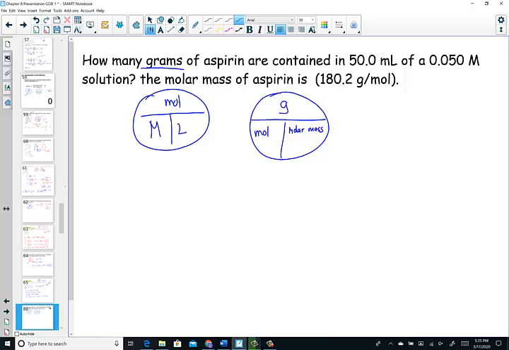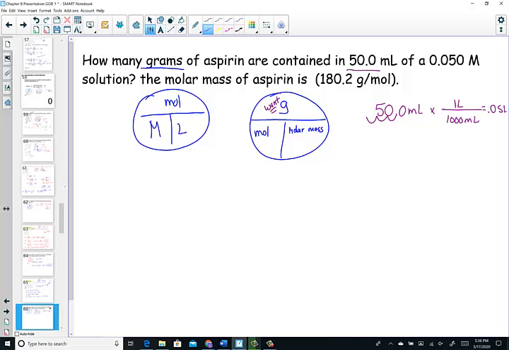So let's figure out what we know. Well, this is what our ultimate variable is. This is our target, right? We want to know grams, so that's where we'd like to land. Let's put in what else we know. We know the volume is 50 mils, but I can't put in a milliliter, so I have to move that decimal to get it back to a liter. So I move it 3 spots. It's 0.05 liters.